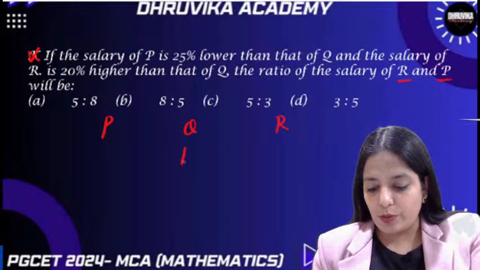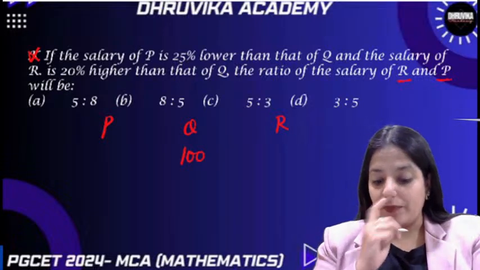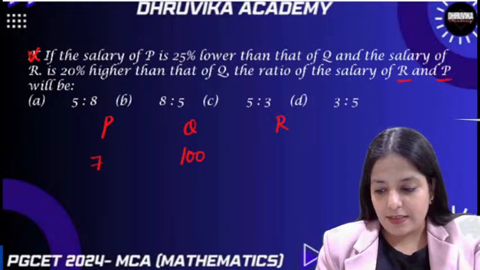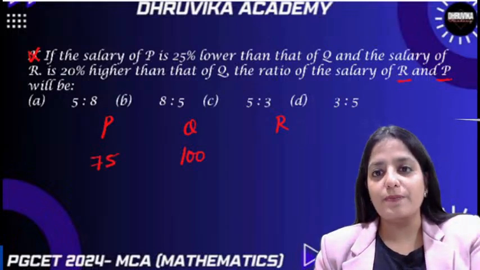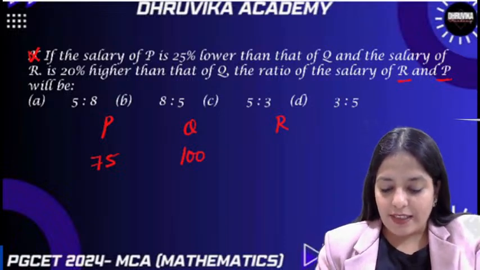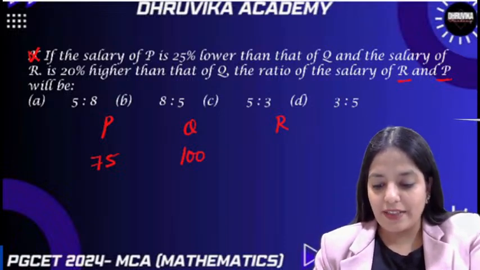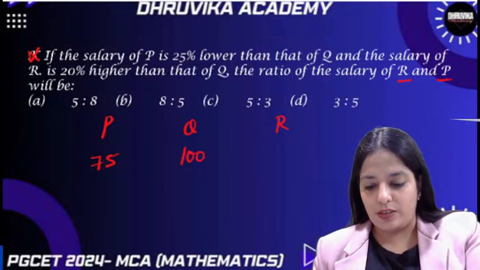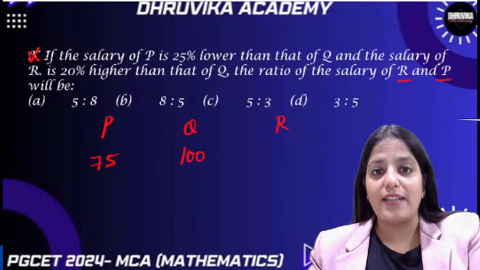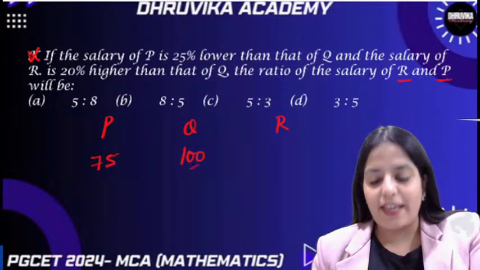So let's assume Q's salary as 100. So P is 25% less. That means he is 75. Okay, fine. Now they are saying salary of R is 20% higher than that of Q. So Q is again 100.